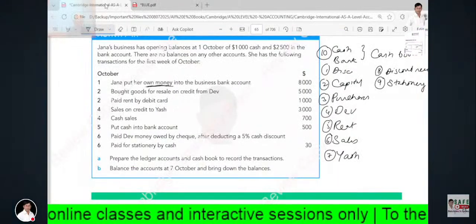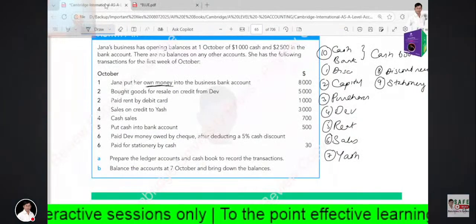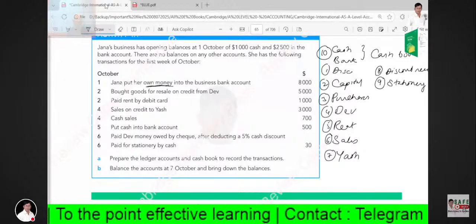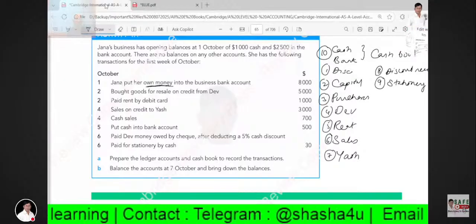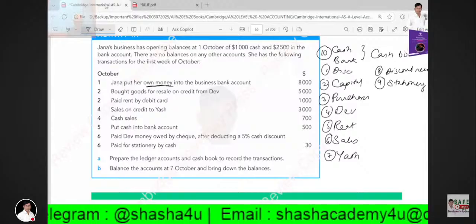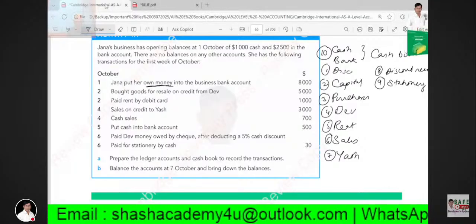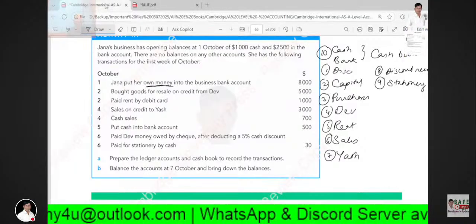Next, paid rent by debit card. Debit card is linked to the bank account, so that's why money will go from bank. So we consider it as a bank payment.